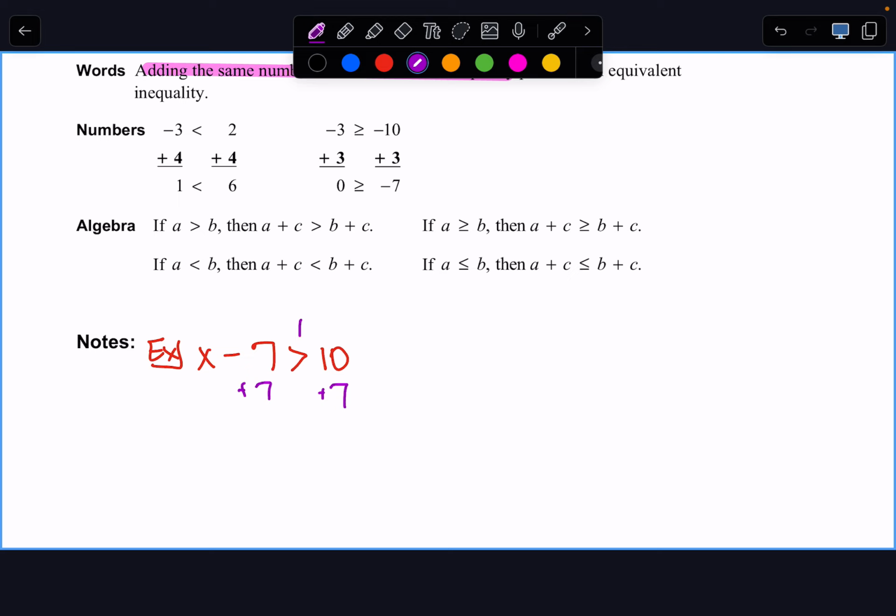Okay, so we're still balancing across our symbol, but instead of an equal sign, it's an inequality sign. Okay, so we can add 7 to both sides, and now we have x is greater than 17. Is there going to be times where we have to switch the sign? We'll talk about that tomorrow. Okay.